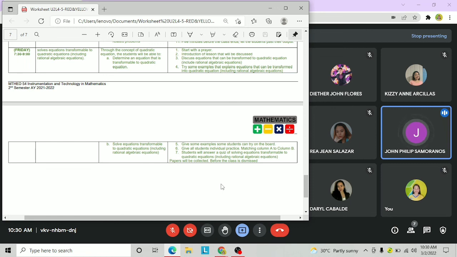Next, give some examples some students can try on the board. Next, give all students individual practice, matching column A to column B. Next, students will answer a quiz of solving equations transformable to quadratic equations, including rational algebraic equations. And lastly, papers will be collected before the class is dismissed.